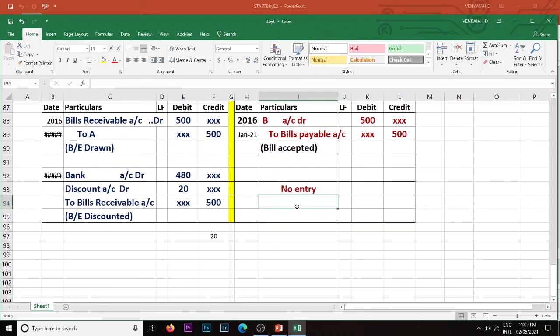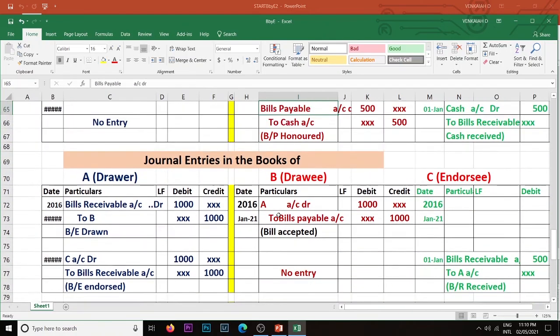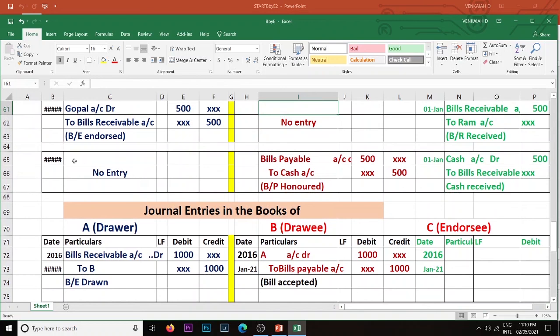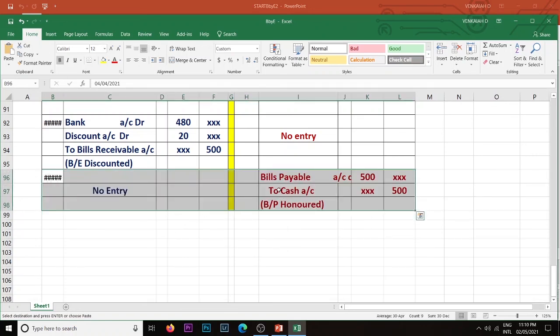So on the due date, the bill is met by A. So now the entry will be bills payable to cash. 1000 is paid by A, and that he will pay to bills payable.